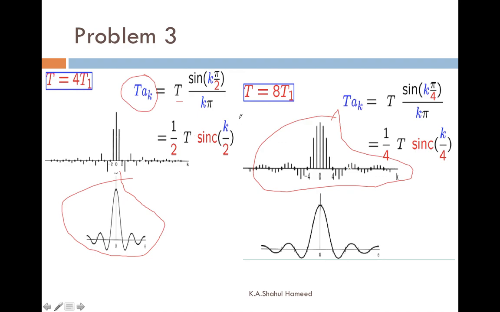For the case of T is equal to 8 t1, you can write the final equation as 1 by 4 T into sin of k by 4. Here k by 2 and k by 4, and the value of T is equal to 8 t1, the value will increase.